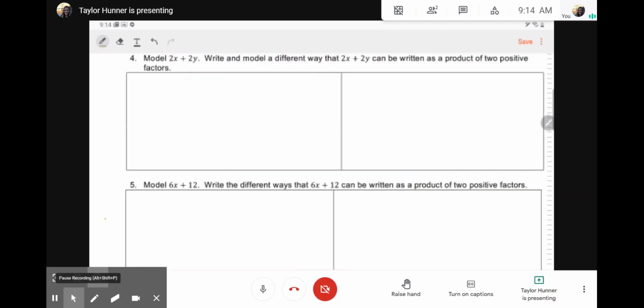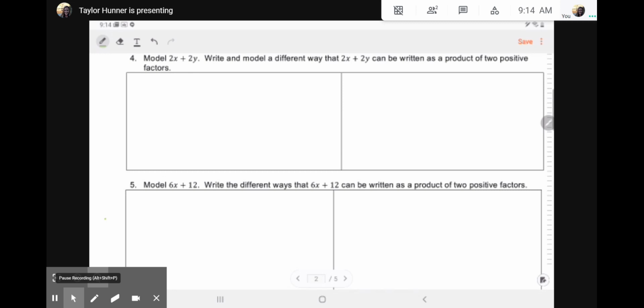Okay, next page. It says model 2x plus 2y. Write and model a different way that 2x plus 2y can be written as a product of two positive factors. So I have to think what number or what variable goes into both 2x and 2y. And I know that 2 goes into both of them. So I can actually factor out a 2.